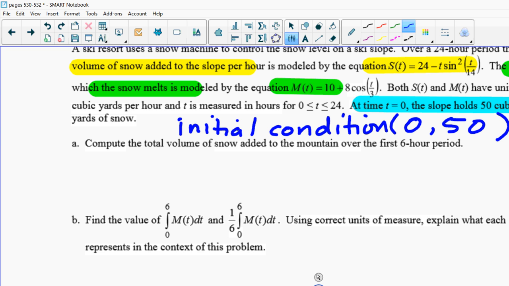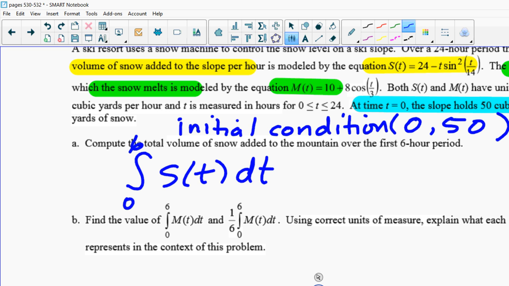Do I care about the 50 cubic yards that was there when I started? In question A, all I want to know is how much was added those first 6 hours. That's it. So what are we going to integrate? We're going to integrate S of t dt from where to where? 0 to 6.